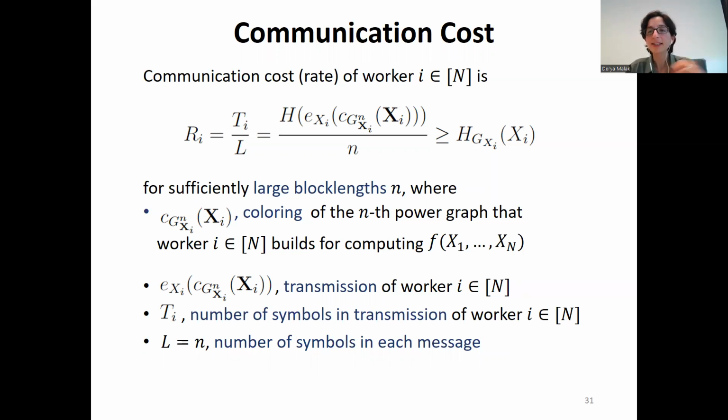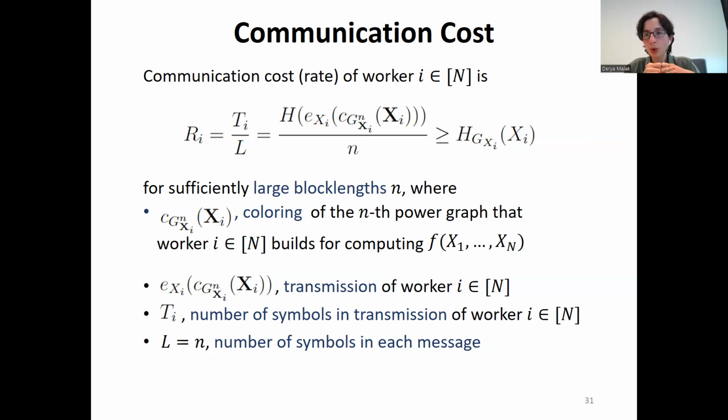And then instead of encoding the variable xi, we will do the encoding of the colorings, these C variables. And I denote the encoding by E of xi of this coloring. So this will be the transmission of my worker.